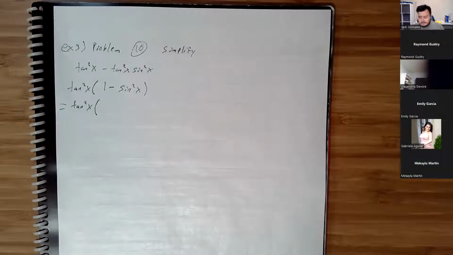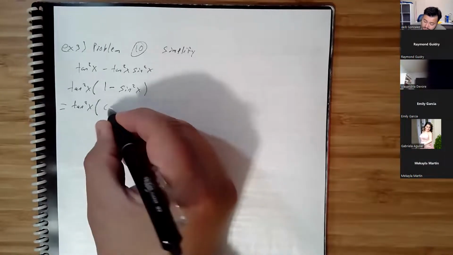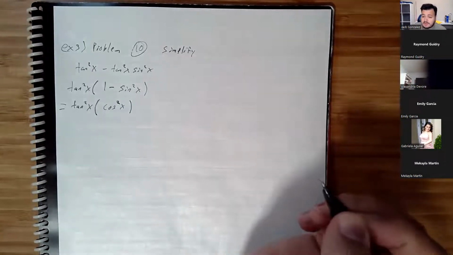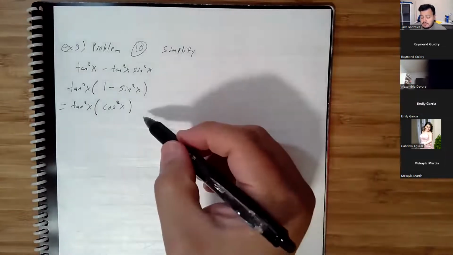Yeah, it's going to be cosine squared. So let's just try and change it, see if that helps. It looks a little more simplified, right? Less complex. So maybe that's good.